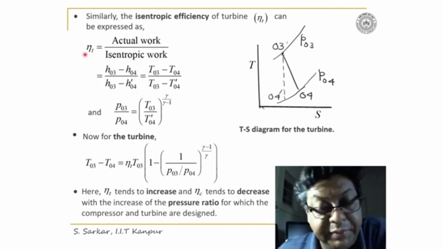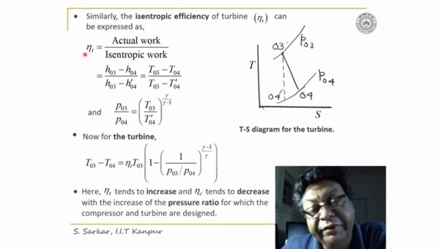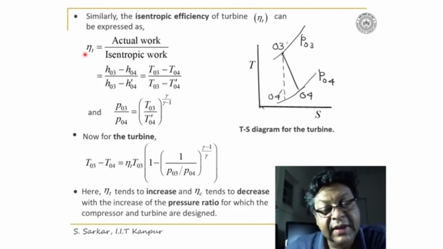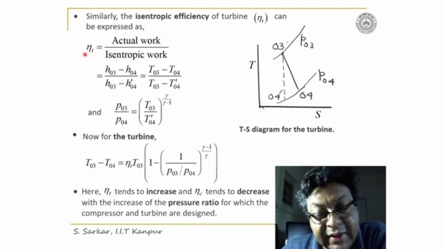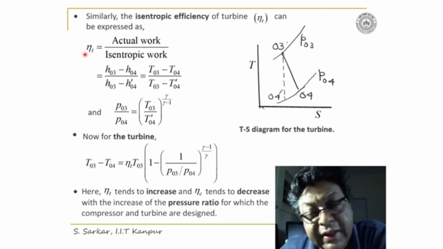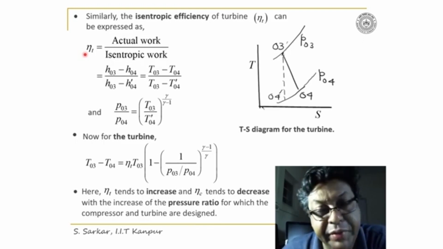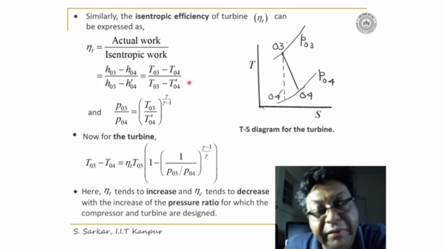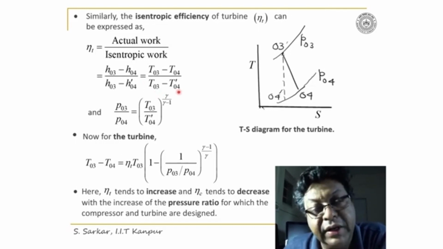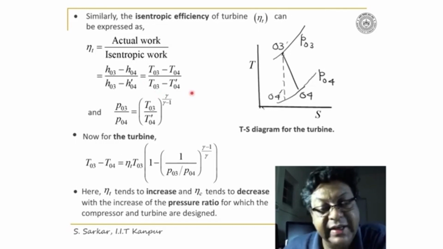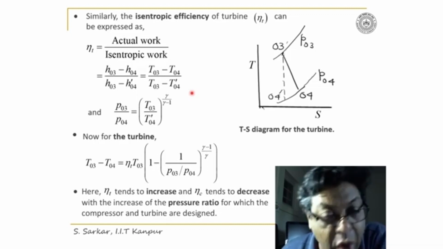H being the enthalpy. And if Cp I can assume as constant, then this can be related with the temperature drop, T03 minus T04, actual temperature drop, divided by T03 minus T04 dash, that is the isentropic temperature drop.